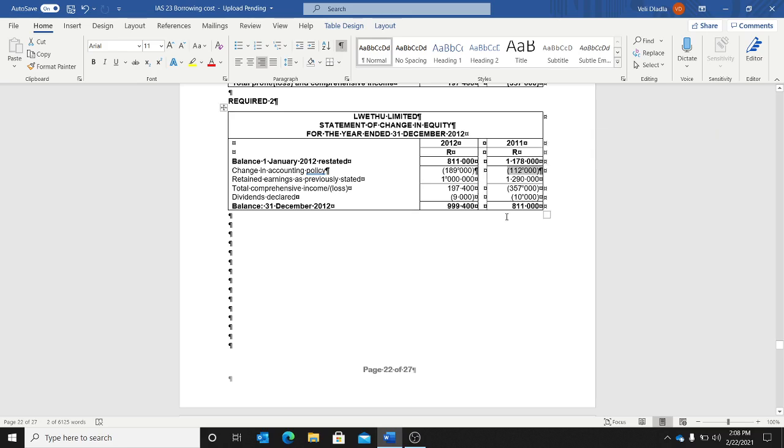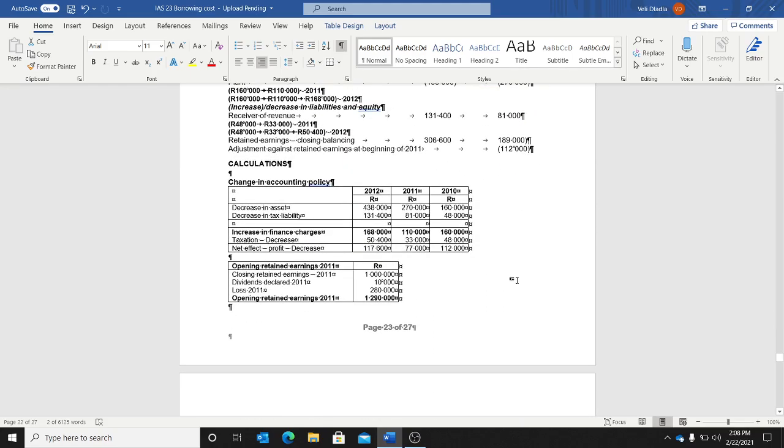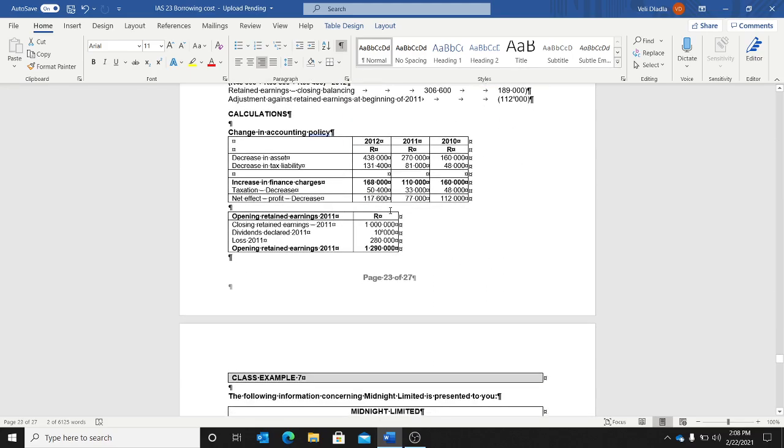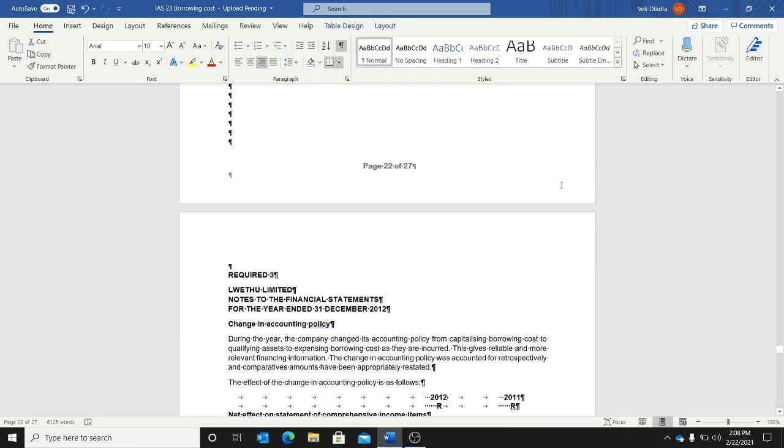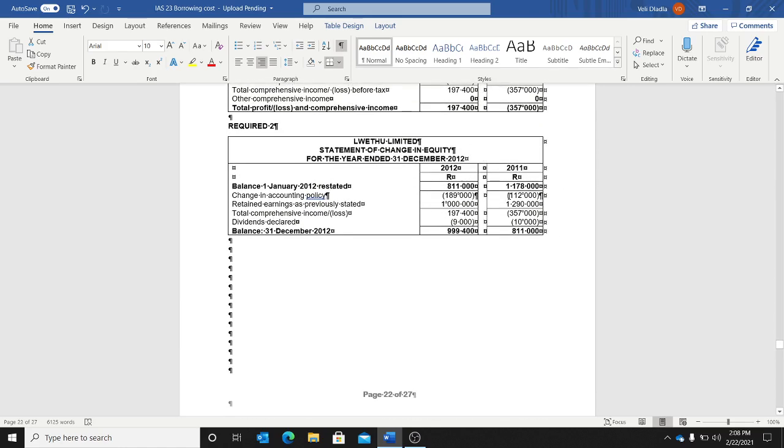If you are in 2011, I will ask myself, how many priors do I have? I only have 2010. What is the net here? I'm asking about this one here. It's a decrease of 112 in profit. You see, it's a minus, it's a decrease also, right?